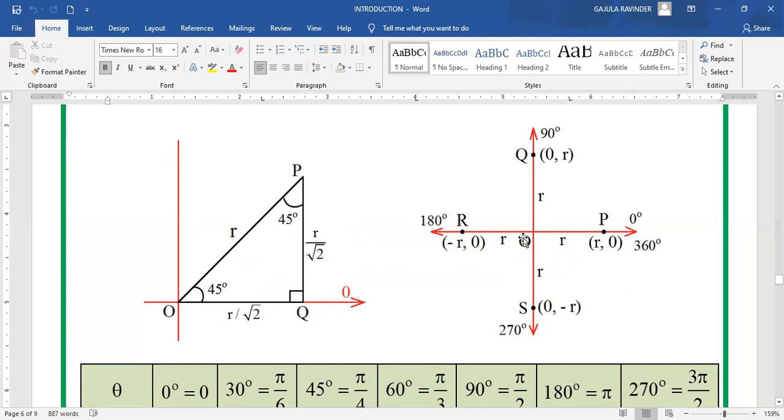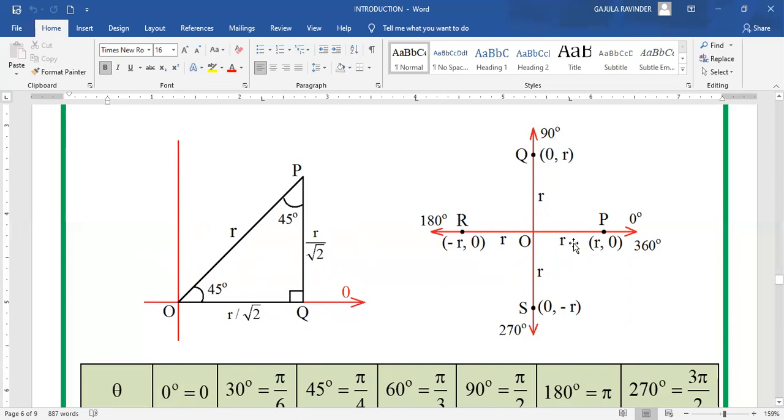And dear friends, from this diagram, you can find the ratios of 0 degrees, 90 degrees, 180 degrees, and 270 degrees, taking the points on the axis at the distance r from the origin. Why? Because according to the definitions of trigonometric ratios, we should consider one point at the distance r on the terminal ray of that particular angle.